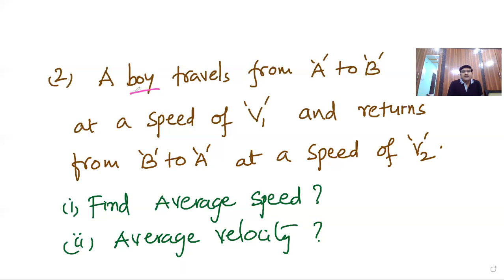A boy is traveling from A to B with a speed of v1. Again, after reaching B, he is returning from B to A with a speed of v2. There is a change in the speed. So what is asked is the average speed.